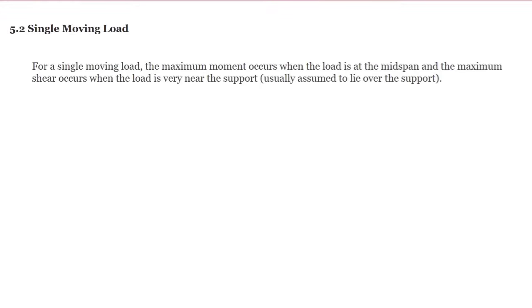Topic 5.2, single moving loads. For a single moving load, the maximum moment occurs when the load is at the midspan, and the maximum shear occurs when the load is very near the supports. Usually we assume this load lying over the supports. So for the single moving load to create the maximum moment, that single moving load should act at the midspan.